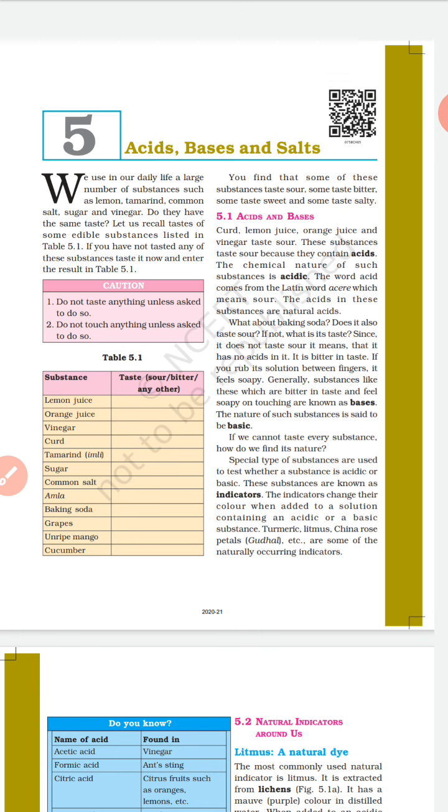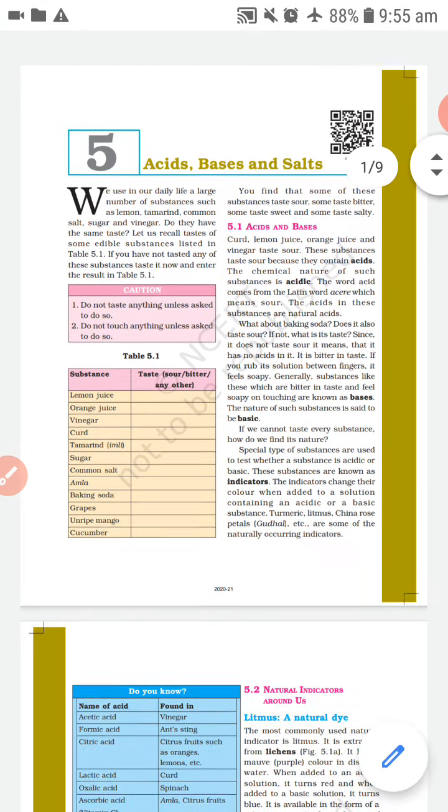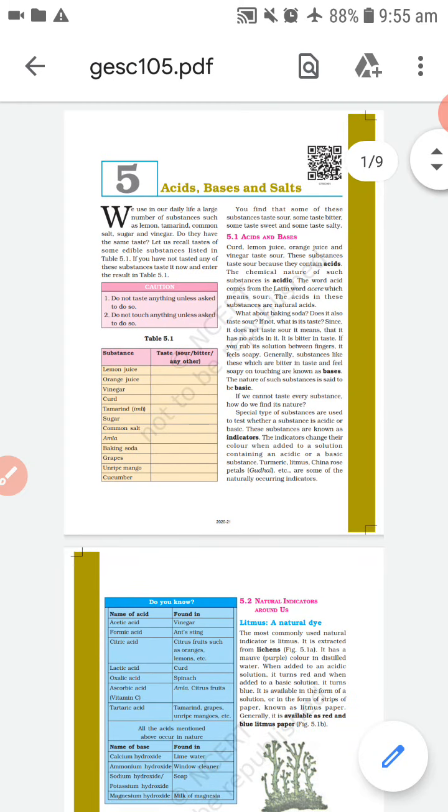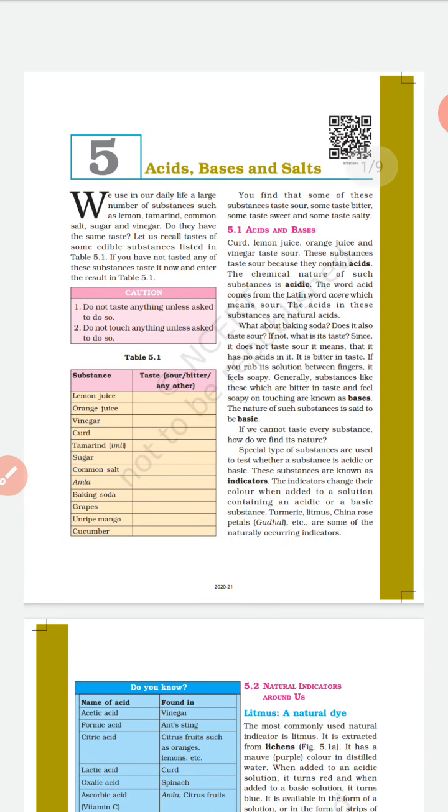So students, in this video we would like to start our chapter 5, acids, bases and salts. In the video lecture I have already explained the first 3 pages of this chapter, right students? I have told you about 5.1 acids and bases, the acidic chemical nature and the basic chemical nature.